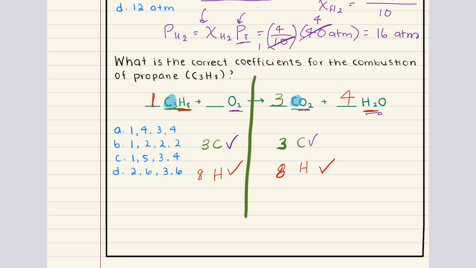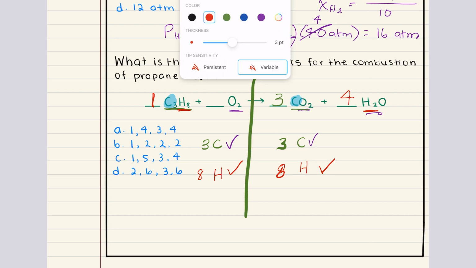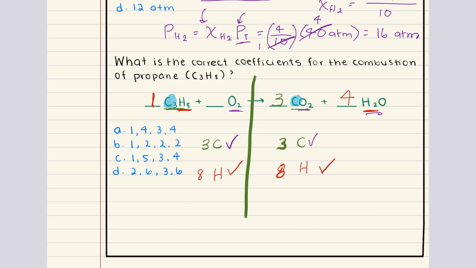All we have left now is oxygen. So on the reactant side, right now we have 2 oxygen atoms. And on the product side, we have 4 oxygen atoms plus 6, so we have a total of 10 oxygen atoms on the product side.